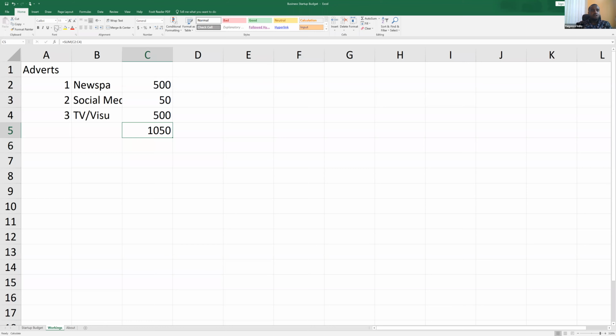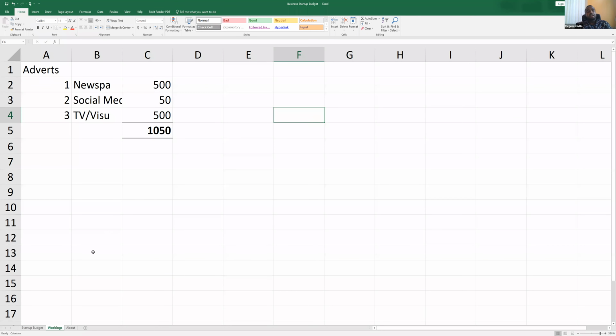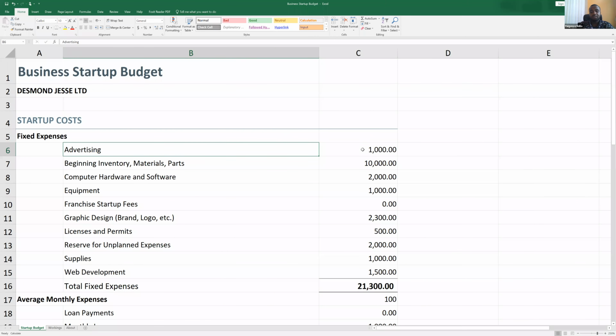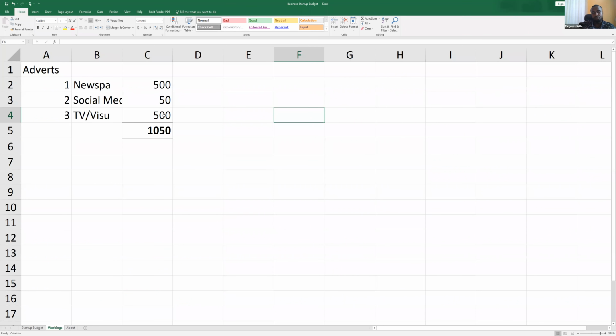And if you're going to do this, ensure that you link whatever is here so that for advertisement you say is equal to, you go to workings, you pick this amount of money, so that whatever you work on in this sheet automatically populates on the other.